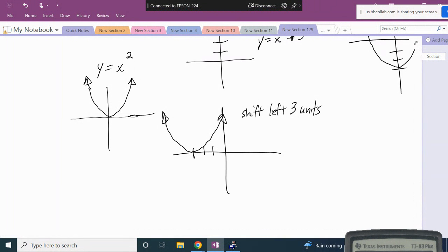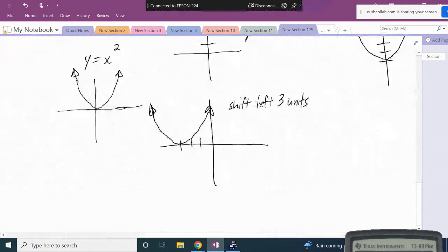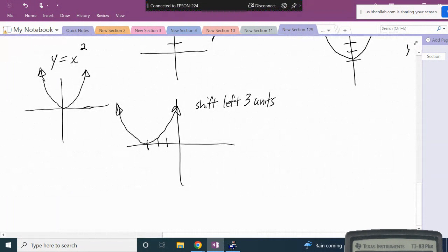But for our left and right transformations, the positive and negative are reversed. So since I'm shifting this to the left 3 units, I'm going to write this out as y is equal to x plus 3 quantity squared.